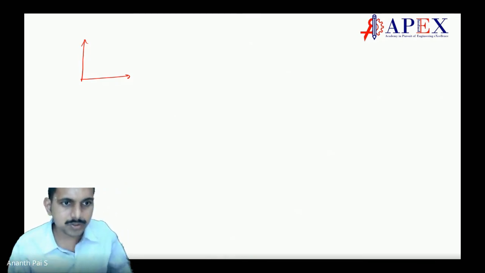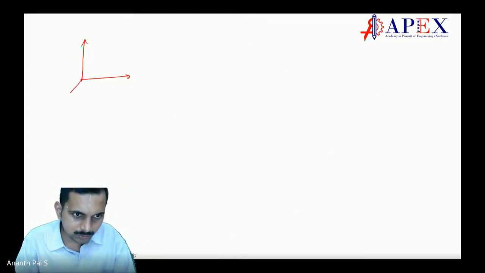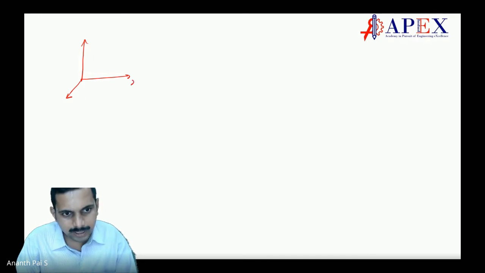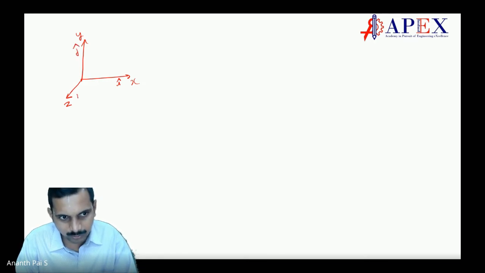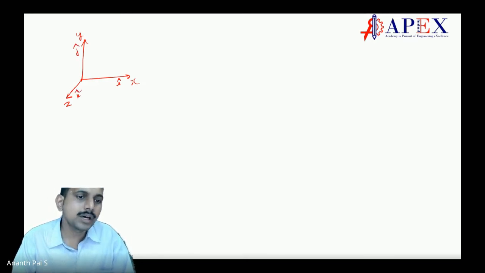Now let us see this. When you consider three axes, this is x, this is y, this is z. Along x you have the i unit vector, along y you have the j unit vector, along z you have the k unit vector. Now let us take a direction r, somewhere in between.